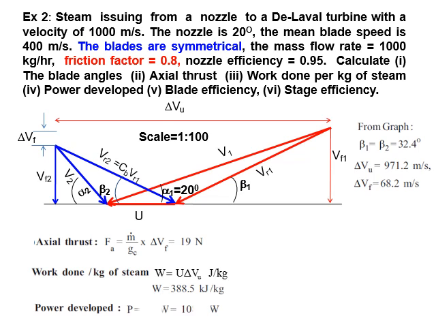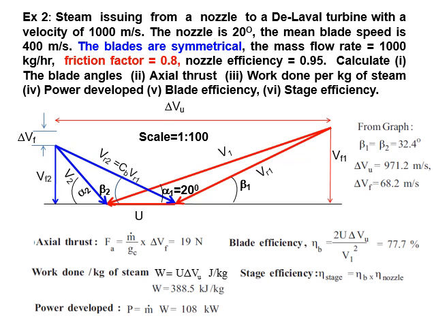Now power developed is calculated by the expression m dot into W, which is equal to 108 kilowatt. Then find out the blade efficiency, calculated by using the formula 2 into U into delta VU by V1 square, and that answer is 77.7%. Also calculate the stage efficiency.